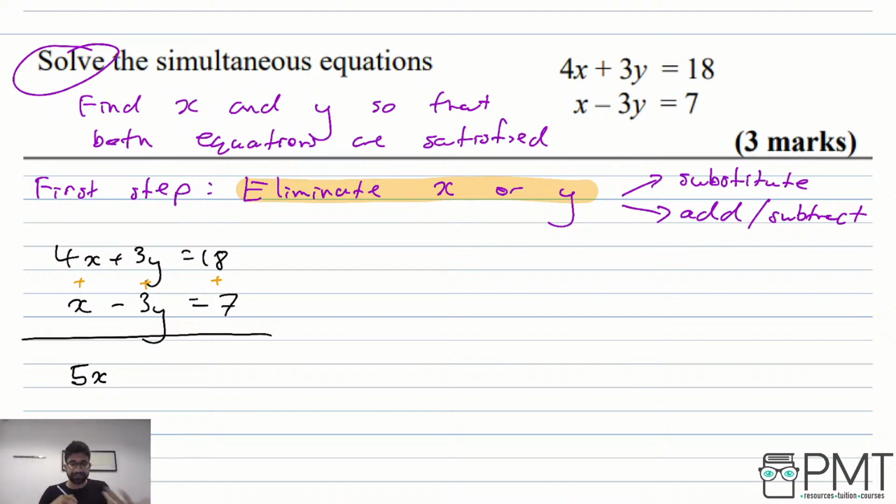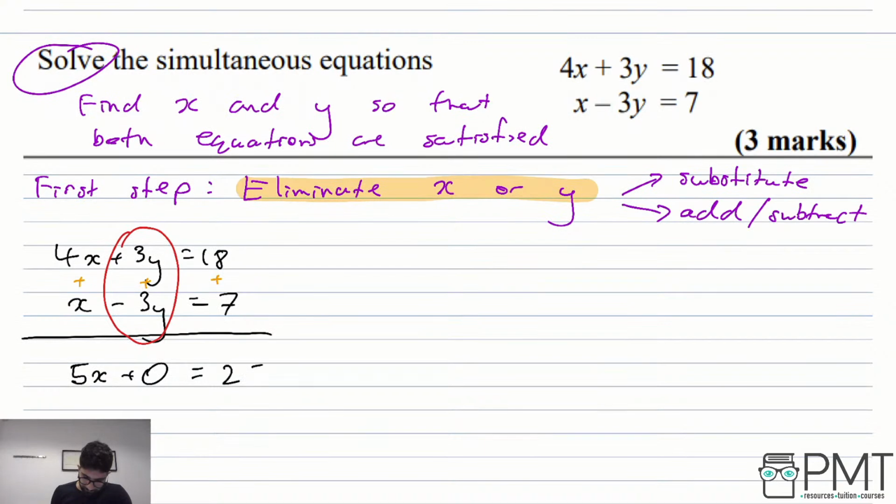That's the cancelling. That's how you get rid of the y term. So they cancel out. So that's like plus 0. You don't really need to write it there, but I'm just putting it there so that you can see. Then on the other side, 18 plus 7, we have got 25.